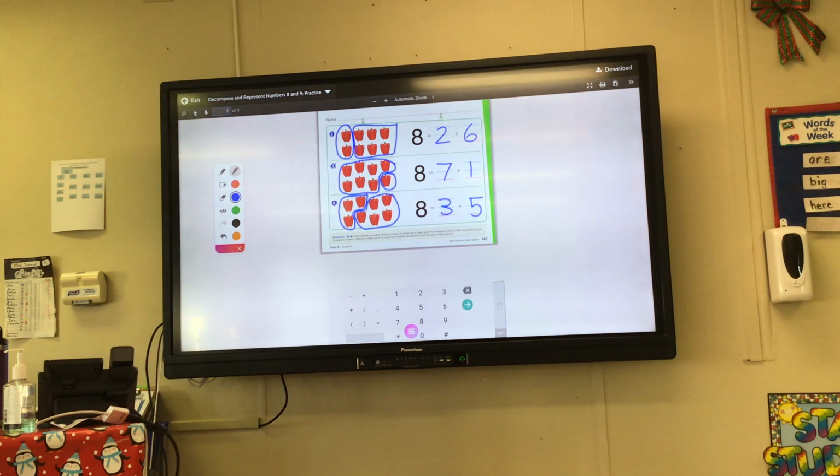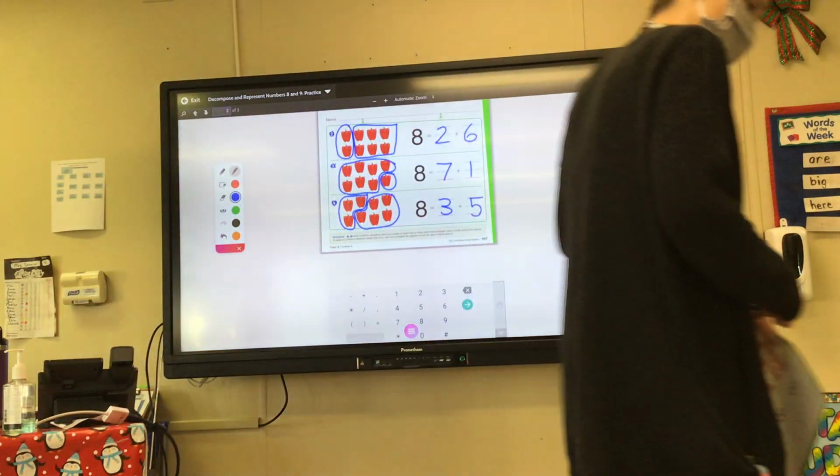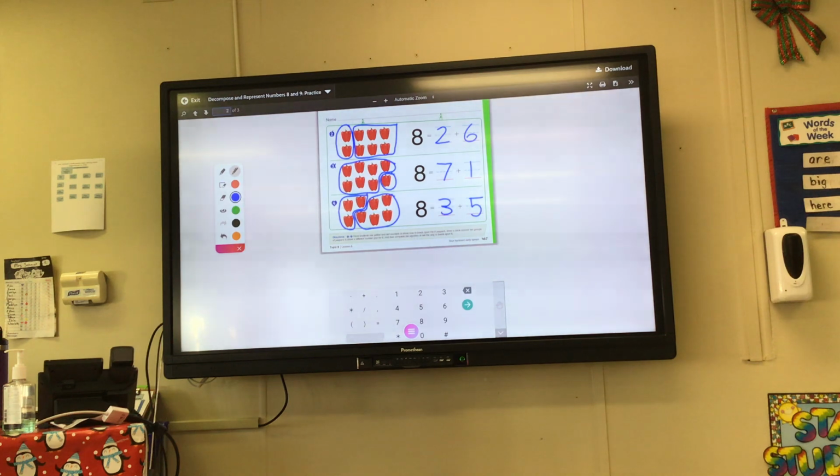All right, let's see. Great job. Can you fix your 6? If you wrote your equations in, you can turn to the very last page.